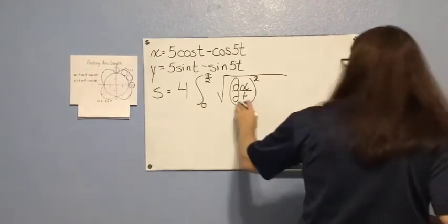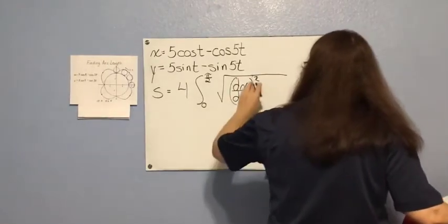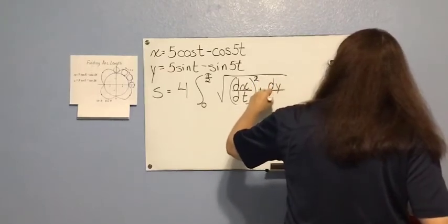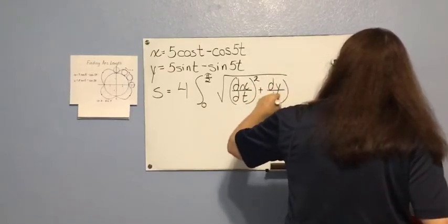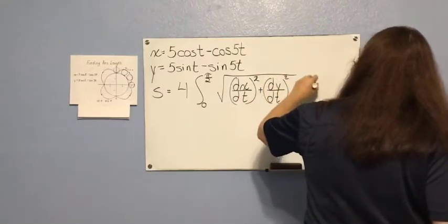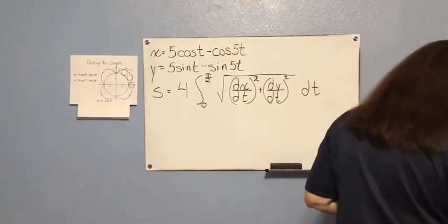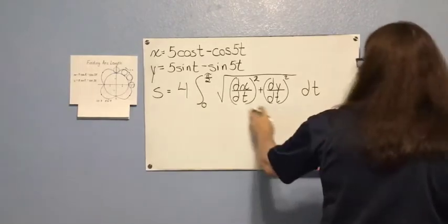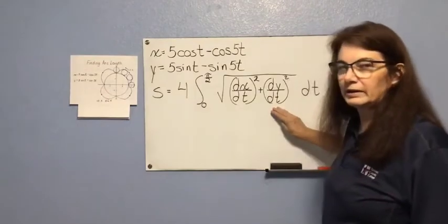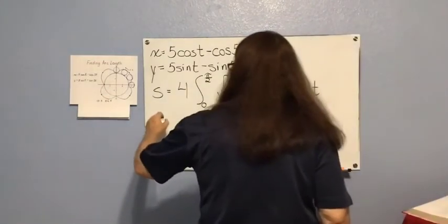And we'll take that first derivative and square it, plus dy/dt, same thing here, square it, dt. Okay, and this is the parametric form for the arc length integral.